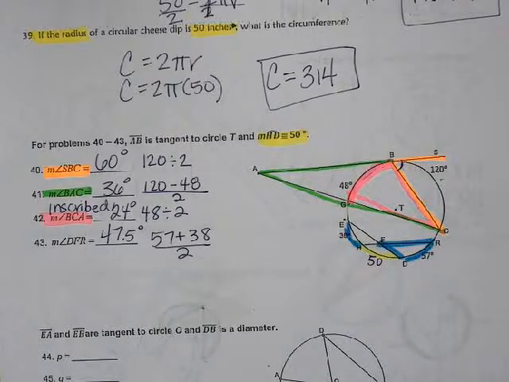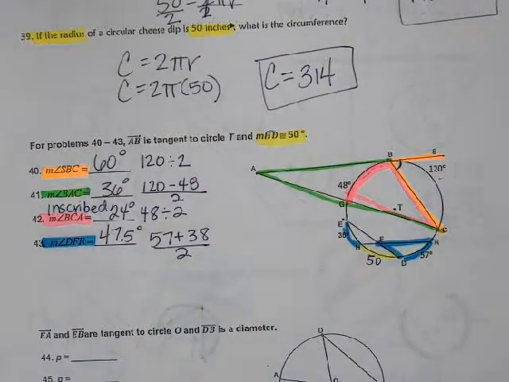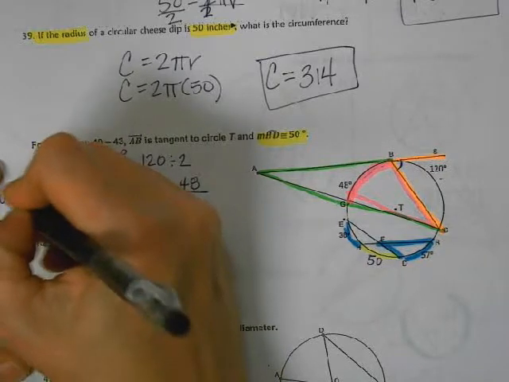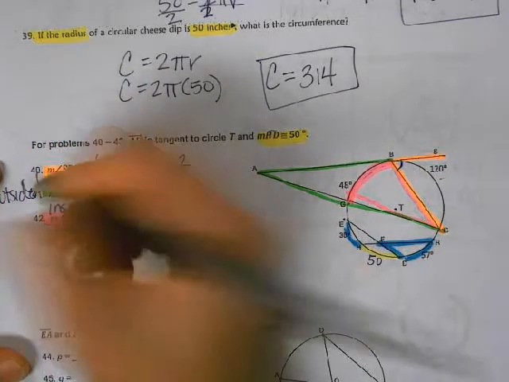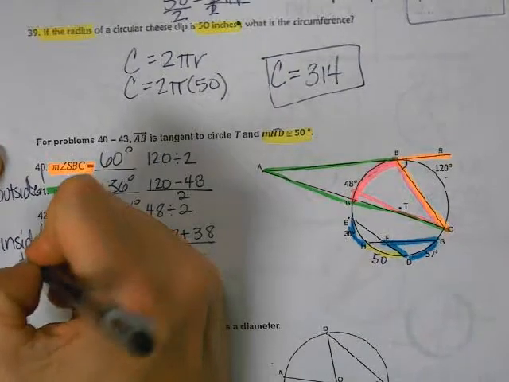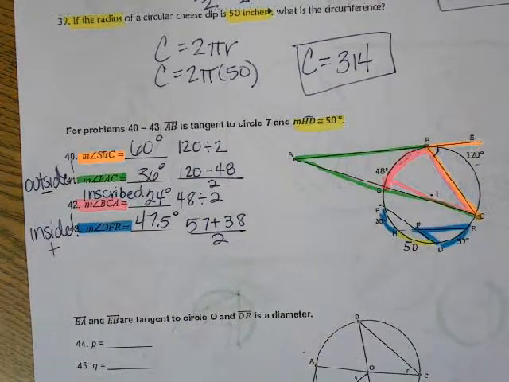If they intersect inside the circle, we add. Outside the circle, we subtract. Outside versus inside: inside is add, outside is subtract.